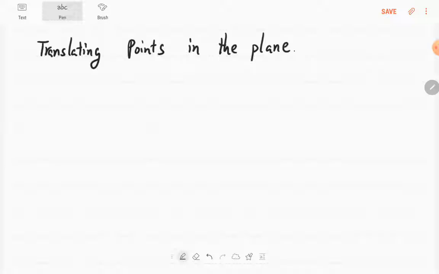Okay, we use some examples to help you understand how to translate a point in the plane.